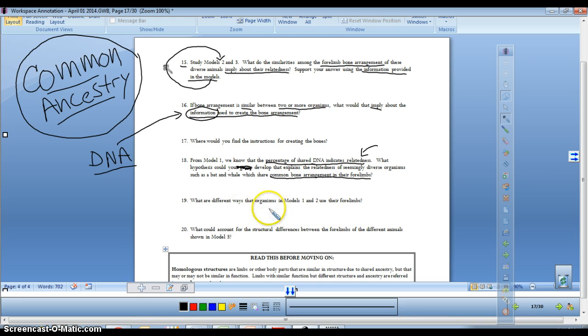What are different ways that organisms in models 1 and 2 use their forelimbs? That's easy. Climbing, running, jumping, digging. Figure it out. I mean, you could do it.